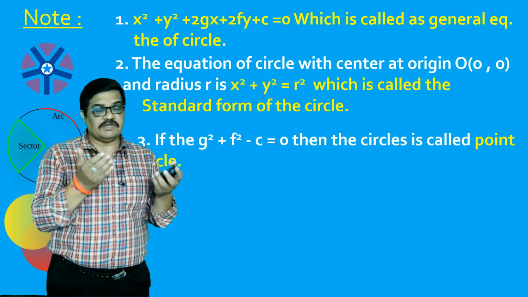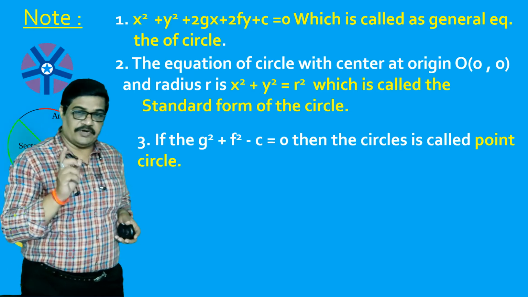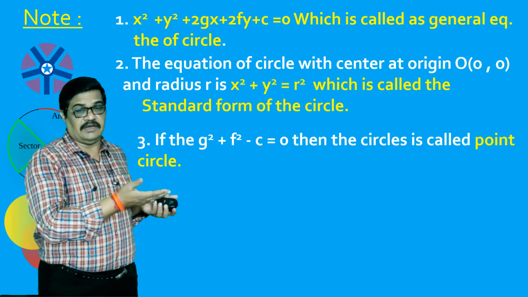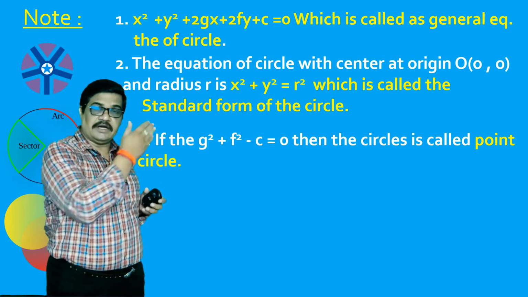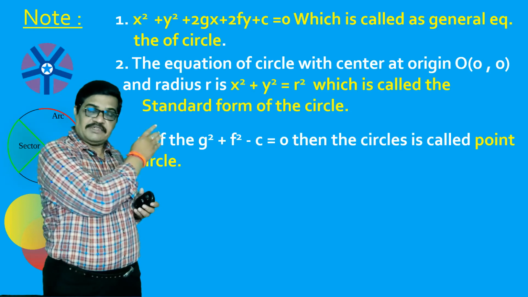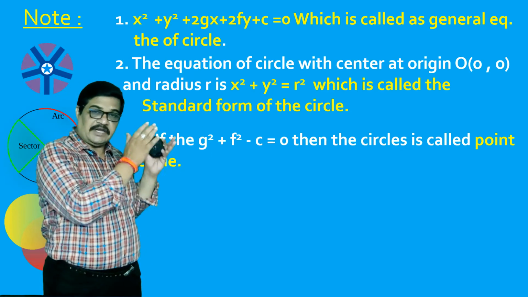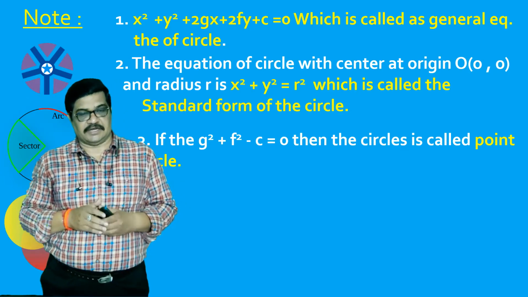What is the general equation of the circle form? x square plus y square plus 2gx plus 2fy plus c is equal to 0. What is the standard form of the circle? The standard form of the circle is center at origin and radius is r. The circle equation is x square plus y square is equal to r square.